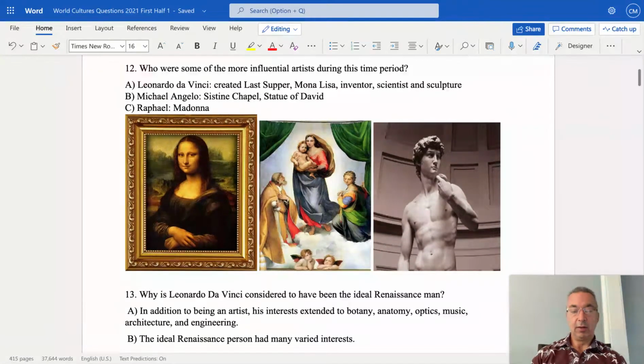In addition to being an artist, he had many different interests, which extended to botany, anatomy, optics, music, architecture, and engineering. The great Renaissance person is somebody who is skilled in many different areas. So for many, Da Vinci is considered the poster person, or the person who's most representative of the Renaissance period. And he had so many varied interests.